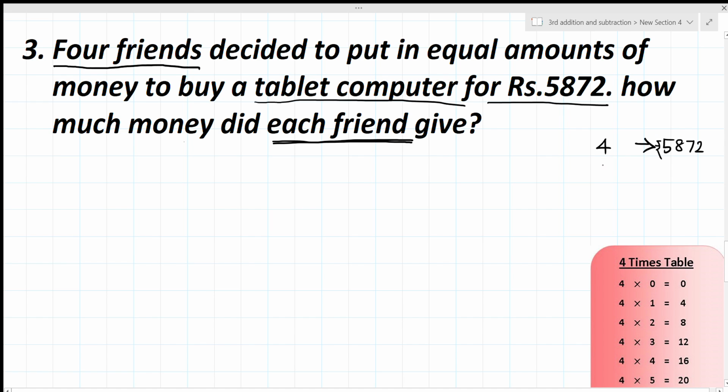We want to find how much a person should give. So, many things to one thing, we have to divide. So, we are going to divide the given amount by 4 to get the amount each person should give. Let us write the solution.